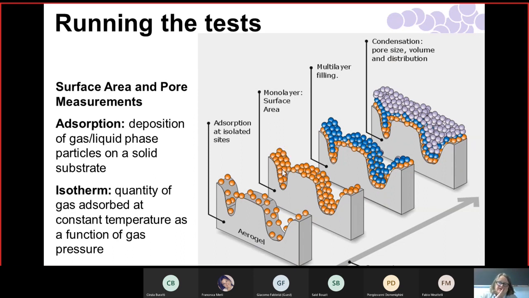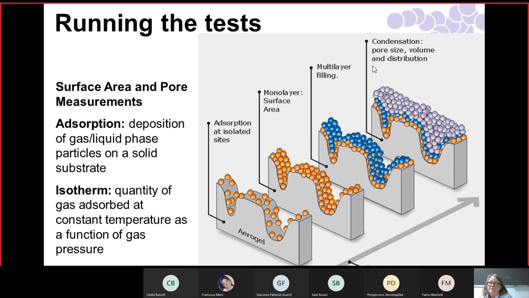And then we keep adding more material, and you start to go to multilayer filling, where you're filling more and more of the pores. And then eventually you have this condensation where all of the pores are filled. And from that, we can figure out pore size, pore volume, and distribution.